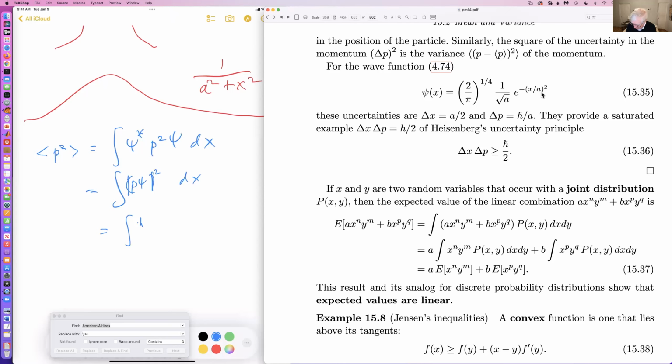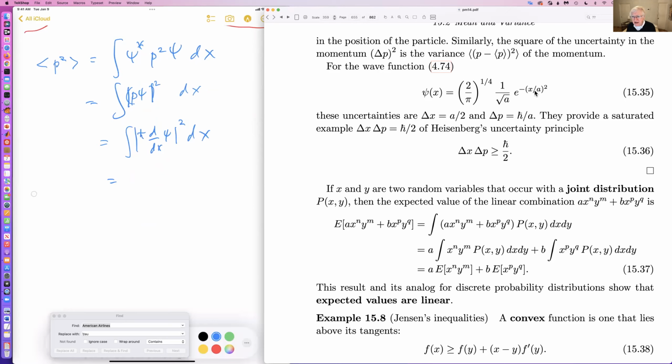So what we've got then is h bar over i, but we're going to take the absolute value. So d dx psi absolute value squared dx, and d by dx here, squaring it, we get 2 over pi a, we get h bar squared d by dx of, oh hell, what I've left, I guess, is just the exponential.